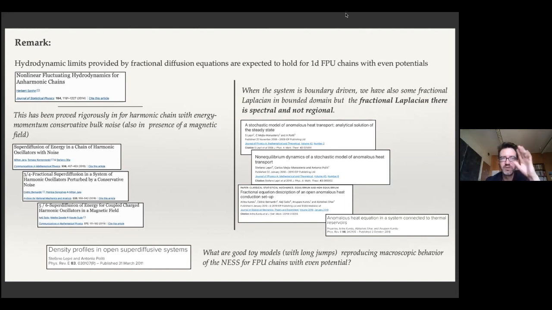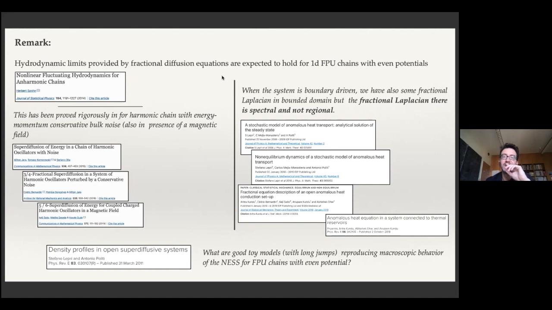As we have seen, for example, in the talk of KG, if you consider one-dimensional FPU chains, the nonlinear fluctuating hydrodynamic theory of Spohn, now developed by many other people, predicts that if you have an even interaction potential in this FPU chain, then the hydrodynamic limits and the fluctuations should be described by some fractional diffusion equations.